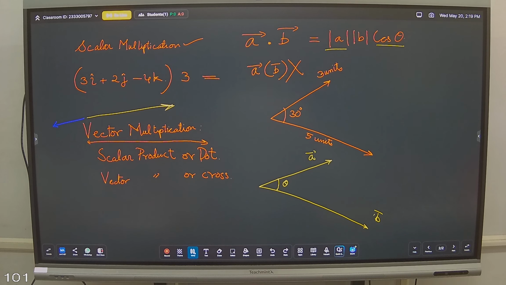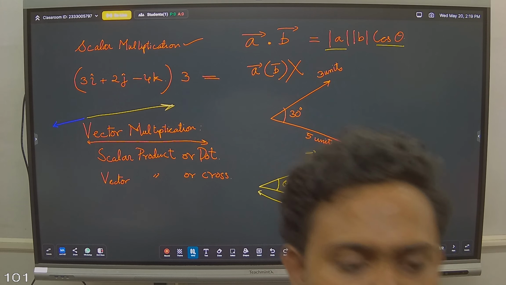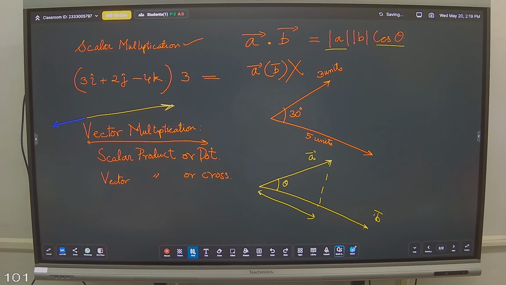It is the projection of A on B. You learned how to resolve vectors, is that right? When you resolve vectors along the adjacent sides, you get A cos theta. This much is A cos theta. So dot product is the product of the component of one vector along the other with the other vector, right?